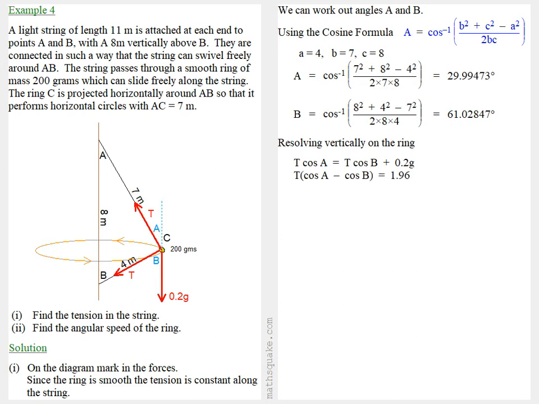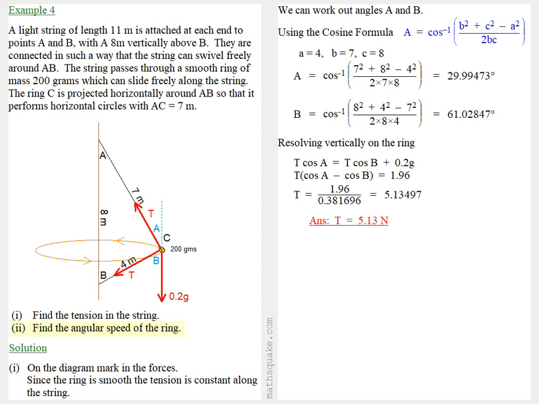Now we can write that as T times cosine A minus cosine B is equal to 1.96. So, T is equal to 1.96 divided by cosine A minus cosine B, which is 1.96 over 0.381696, which is 5.13497. So our answer is the tension T is 5.13 newtons.